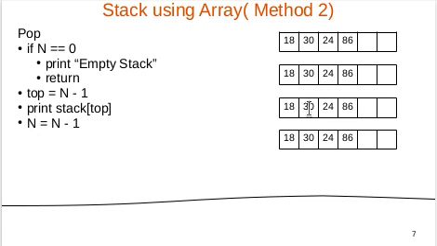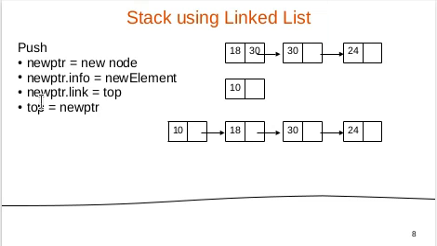Now 30 will be deleted, number of elements will be 1. Now 18 is deleted, number of elements will be 0. Then it will print empty stack, then return. So this way we can delete an item from the stack in method 2. Now using a linked list, how can we implement a stack?